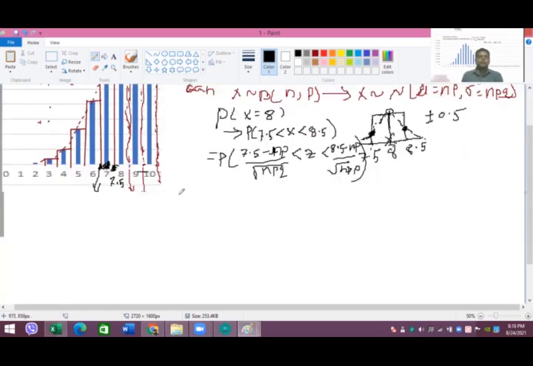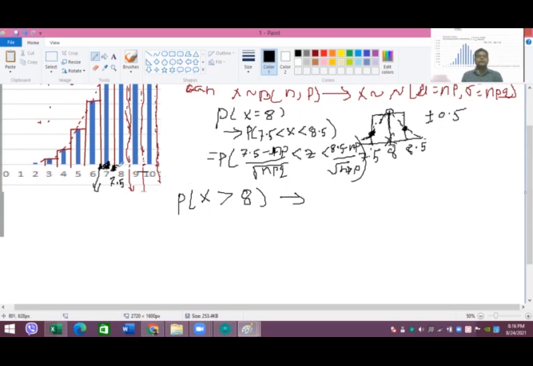For example, if you would like to find P(X is greater than 8), or anything you can take here. As I am talking with 8, bigger than 8 means 8 is not at the continuous point on this graph.